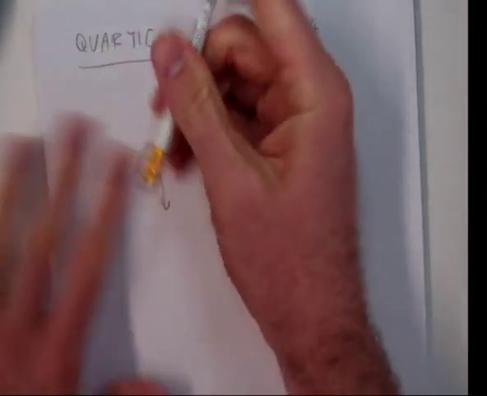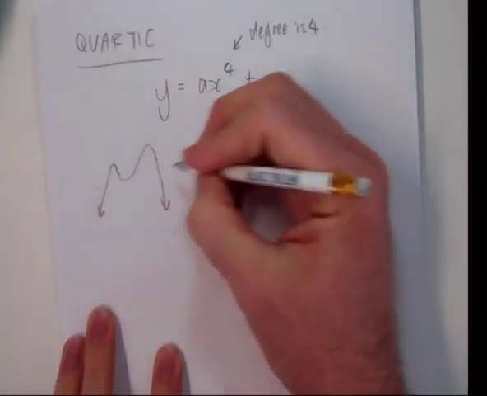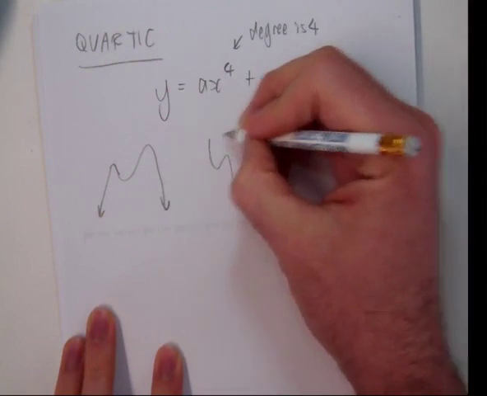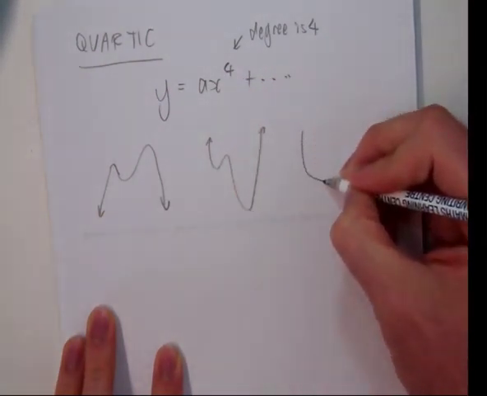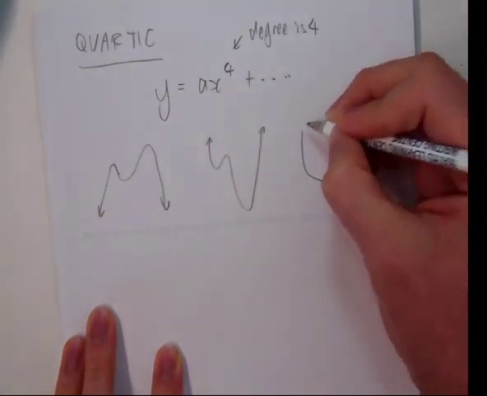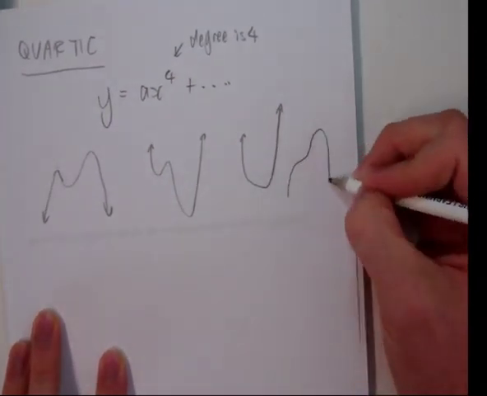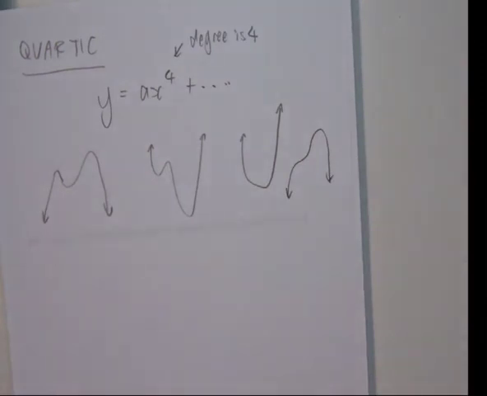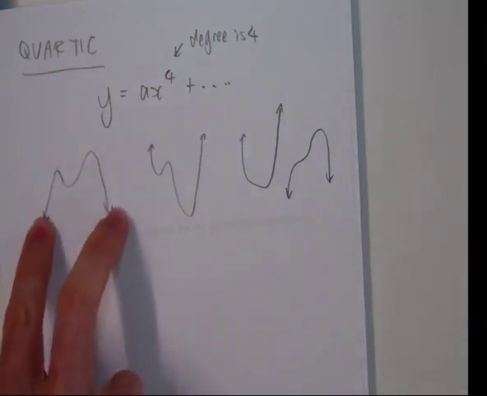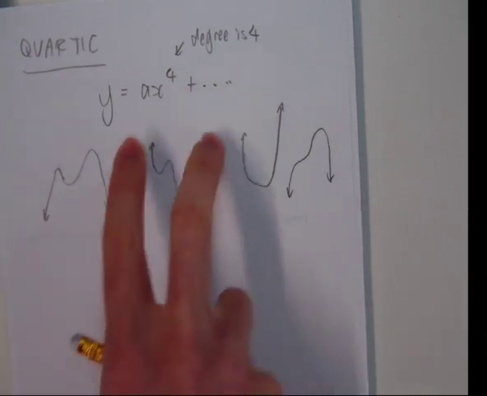Well, maybe not that sharp. And they can do even all sorts of interesting things. So quartics have a whole lot more different options. I haven't even drawn all of the options here. But one thing that they share is that the two ends point in the same direction, both down or both up.